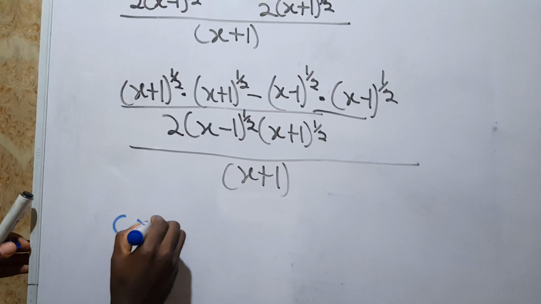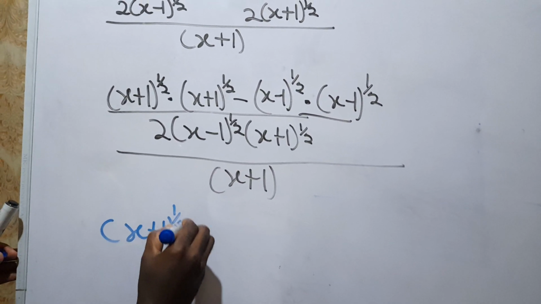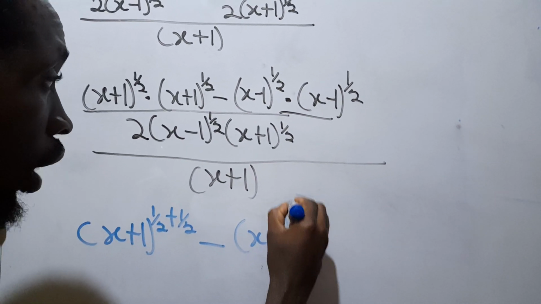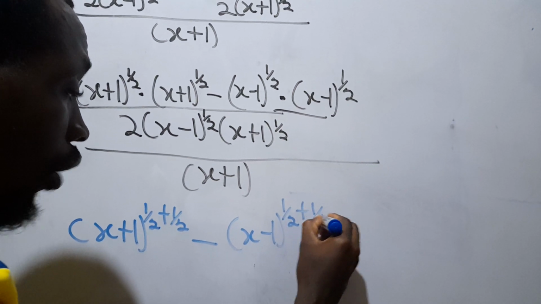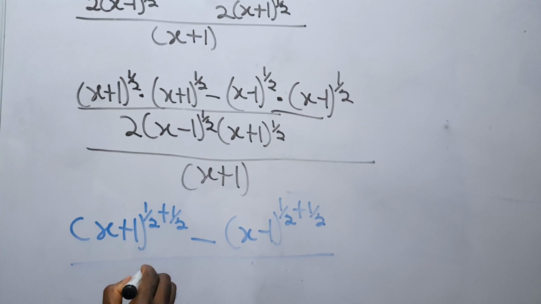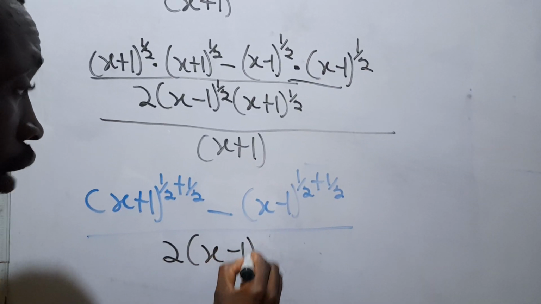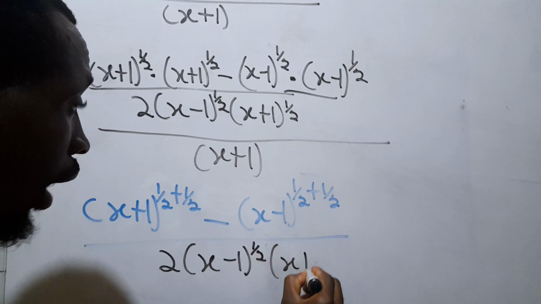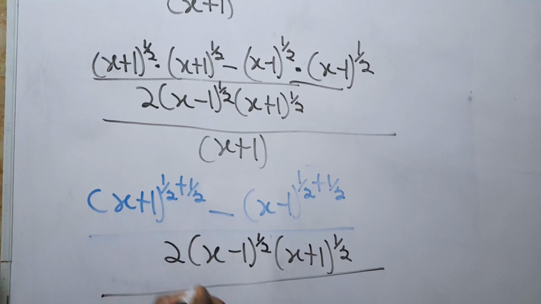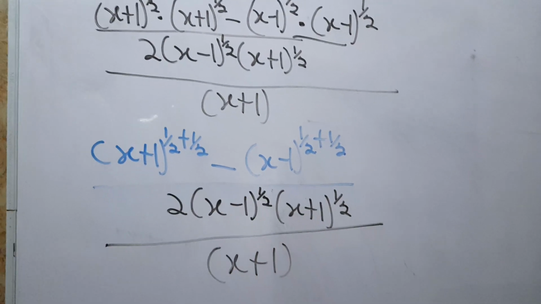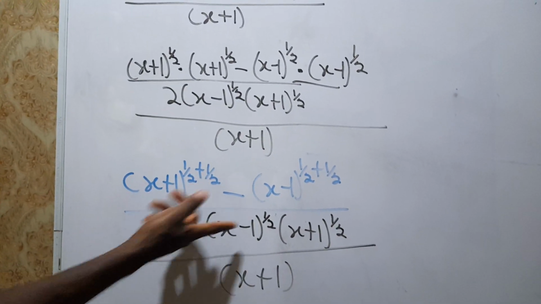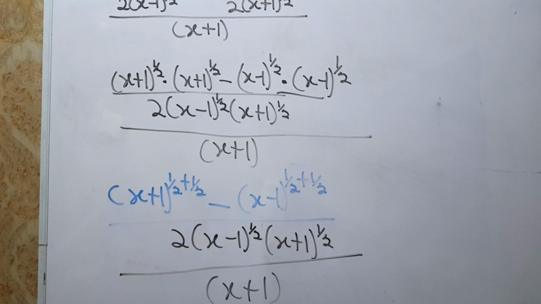So we have (x plus 1) exponent half plus half, minus (x minus 1) exponent half plus half, all over 2 times (x minus 1) exponent half, then (x plus 1) exponent half, over x plus 1. So remember, when half is added to half, it will be 1. And (x plus 1) exponent half, exponent 1 will just be x plus 1.